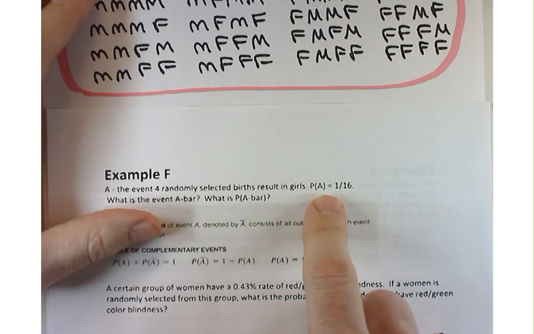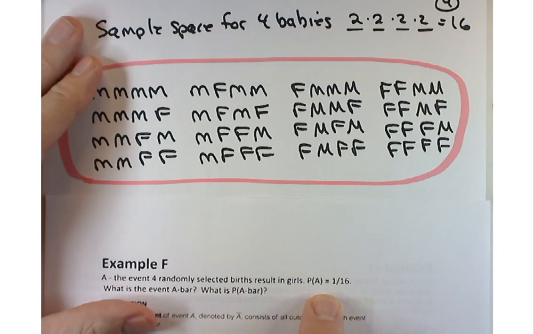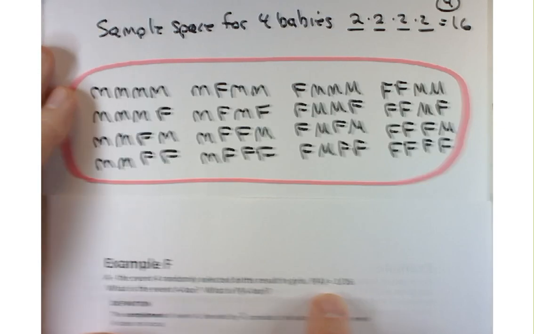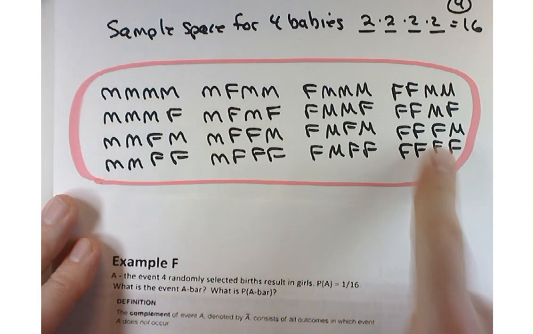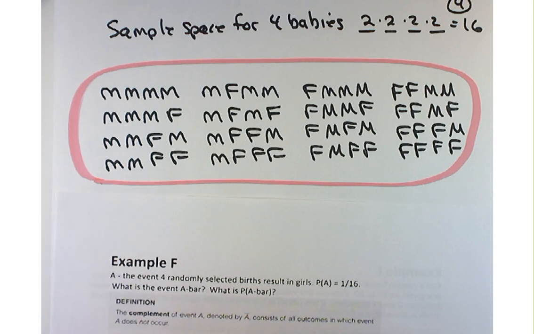And they tell us the probability is 1 in 16. Do you agree with that? Now we can assume that these are equally likely events because we're assuming that boys and girls are born at a rate of 50%. That's not exactly true, especially in certain countries. But for now, let's just go with that 50-50 rule.